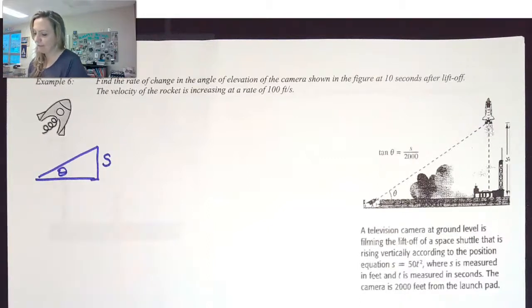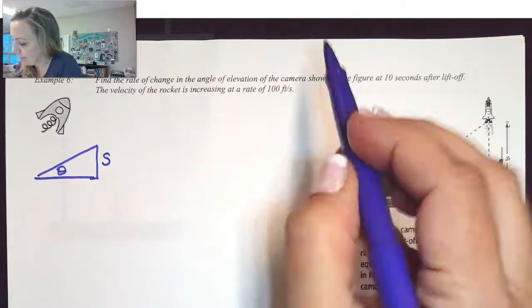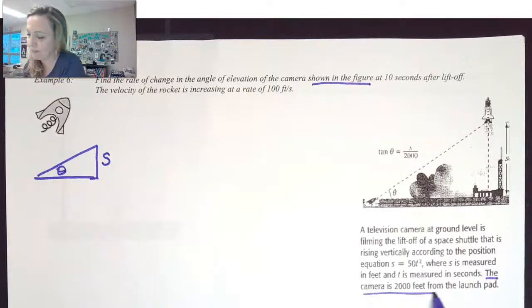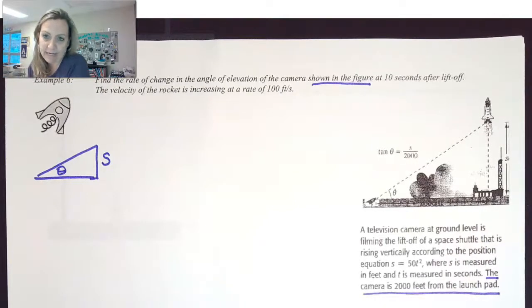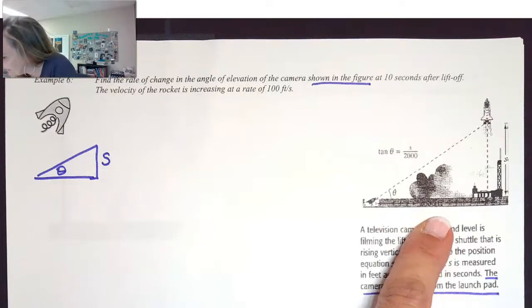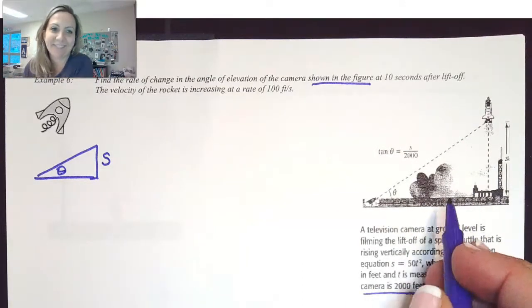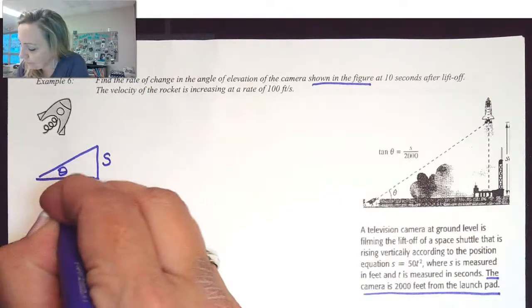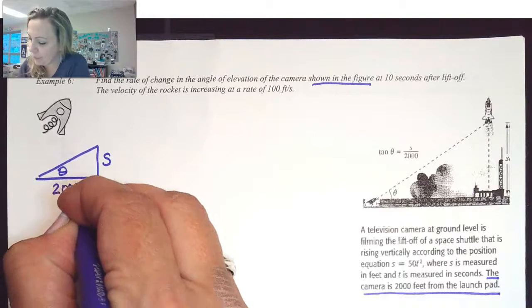Some other information that you might want to know: it says that it's shown in the figure, and in the figure it does say that the camera is 2,000 feet from the launch pad. That's not something I could see by looking at the picture. I think it's in there, but you just can't see it because of the way it copied. But essentially, this is going to be 2,000 feet.